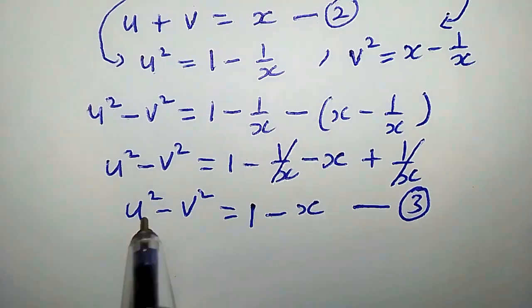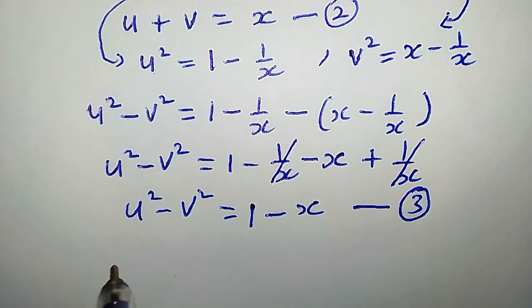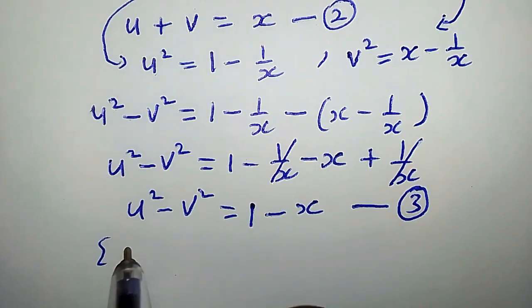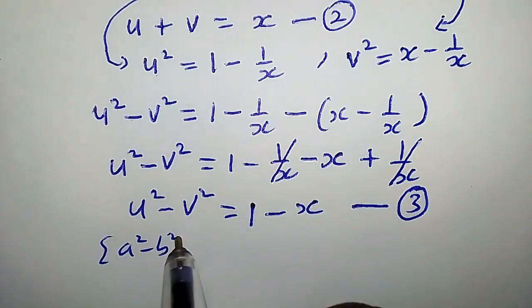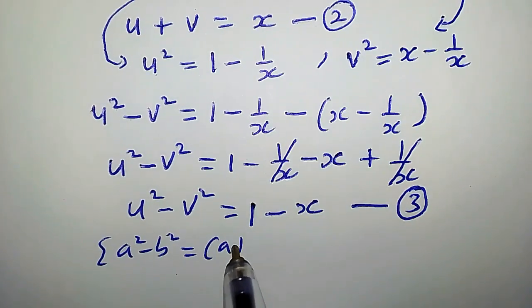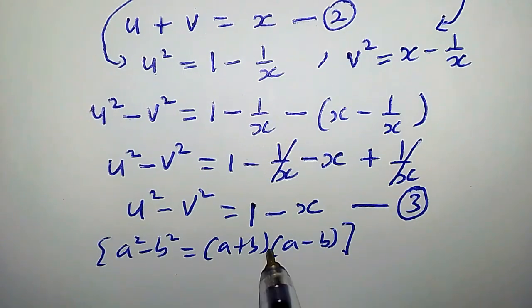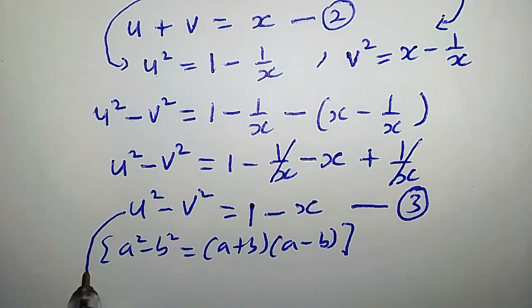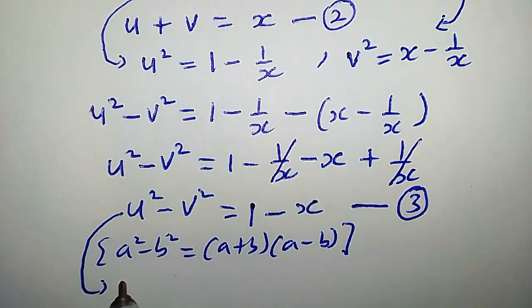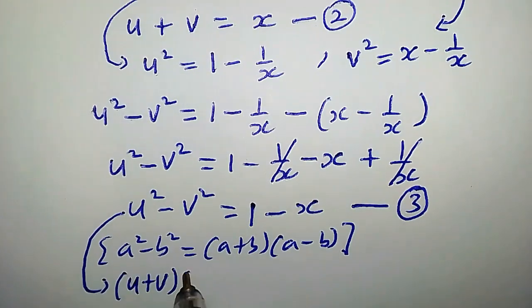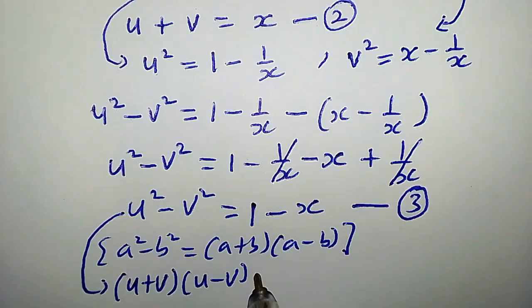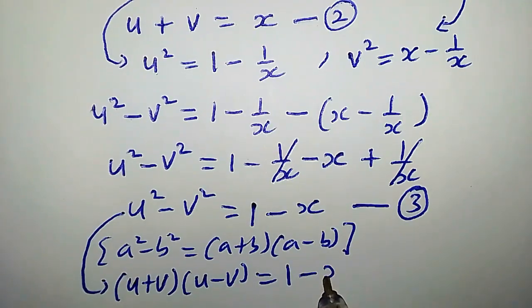Let's continue. Consider this equation 3. We know that a square minus b square is equal to a plus b times a minus b. This is a difference of two squares. Applying this formula to this guy, we are going to have u plus v times u minus v equal to 1 minus x.